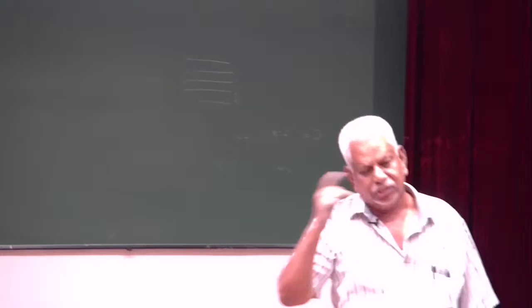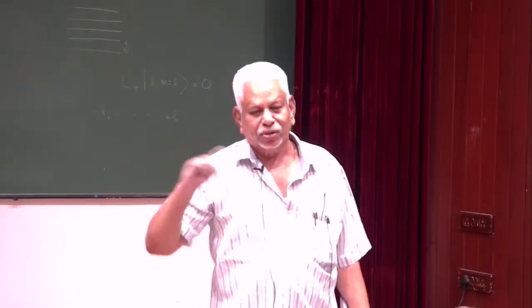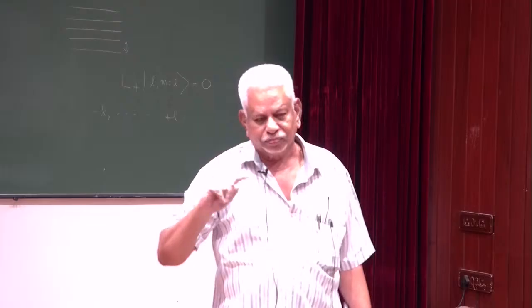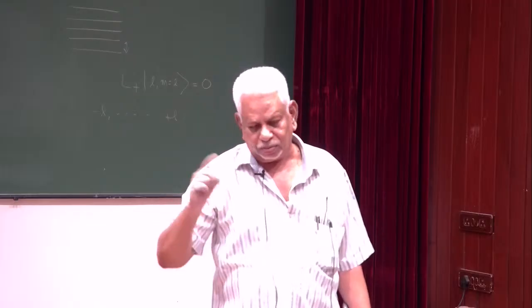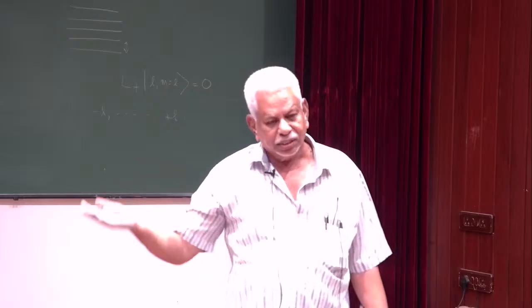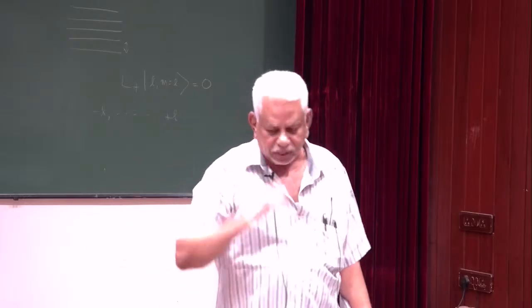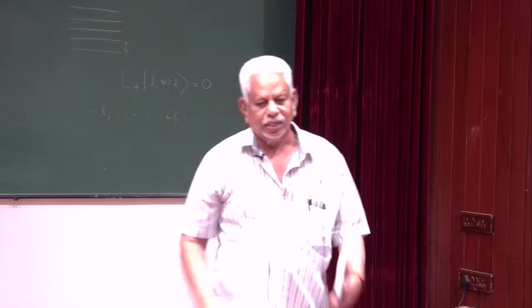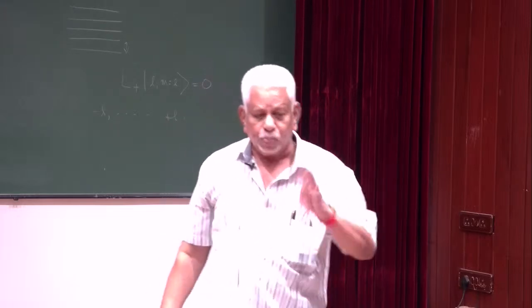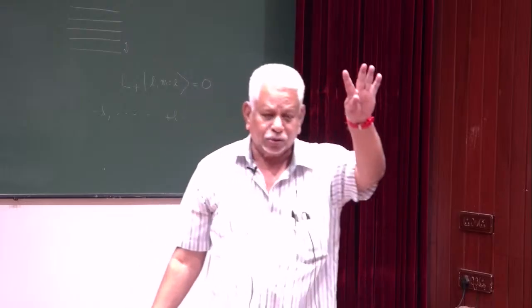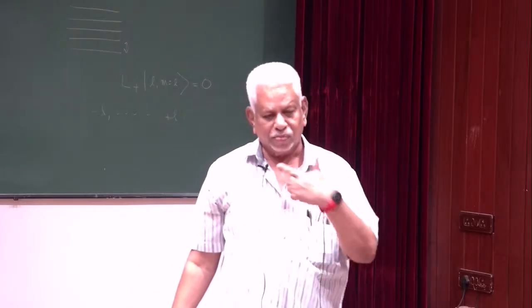Cos of 2 pi is the same as cos 0, but for cos pi and sin pi there will be sign differences. So, what has come is, if I do a 2 pi rotation, I do not come back to the same value. If I do a 4 pi rotation, then you come back.